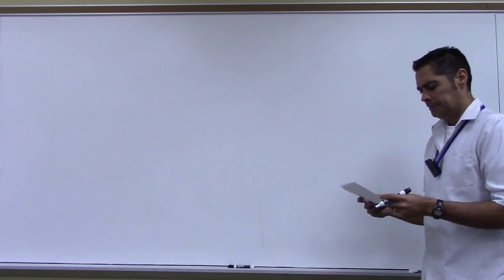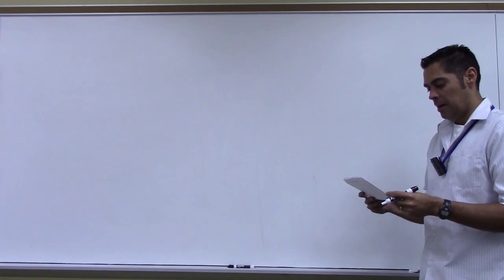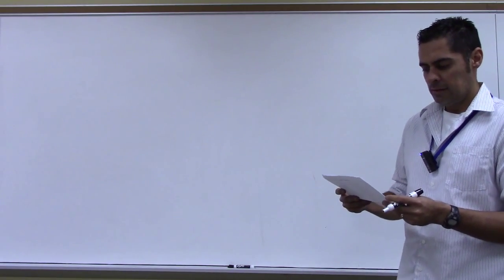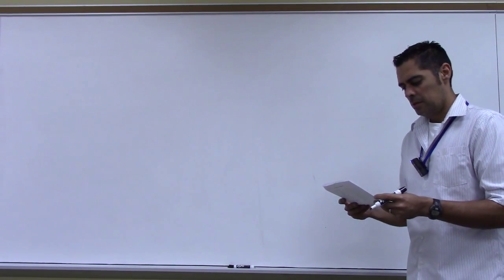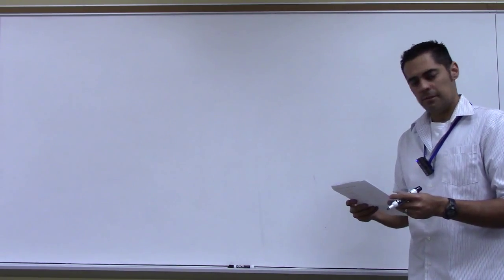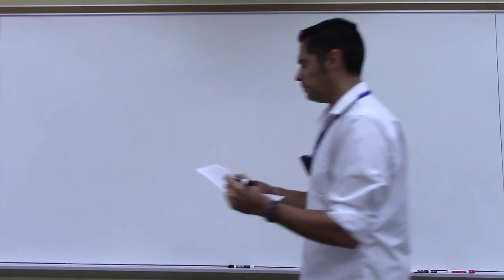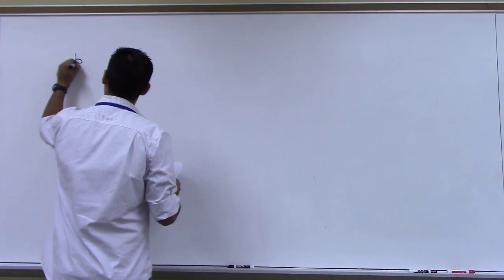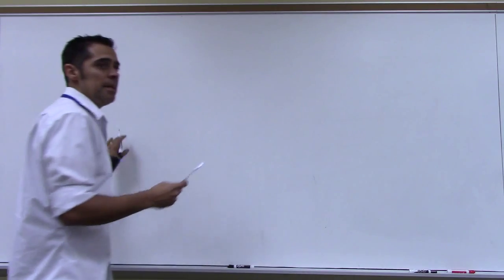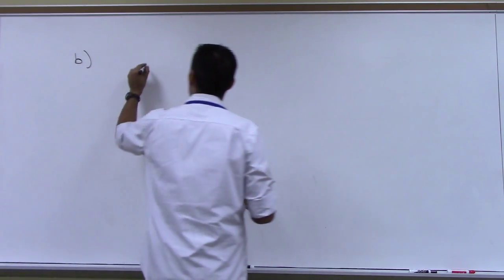So you're probably going to want me to do B, right? Does B look the worst to you? No? Let's try B. All right, so verify the mean value theorem. Let me remind you what the mean value theorem said.